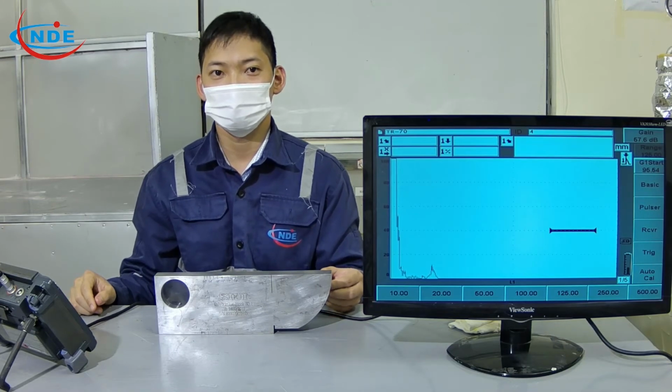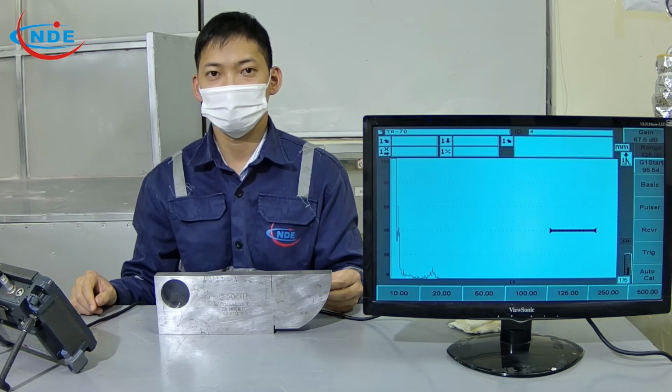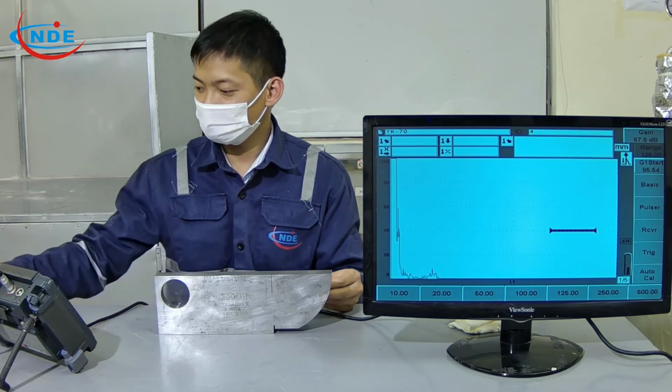In this step, we will determine the real angle of refraction of the probe using the V1 calibration block. Firstly, contact the probe onto the surface of the V1 calibration block.